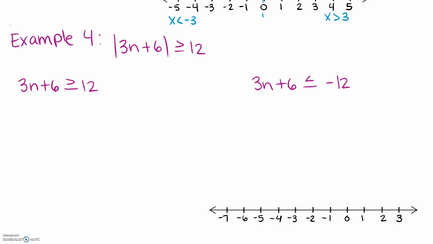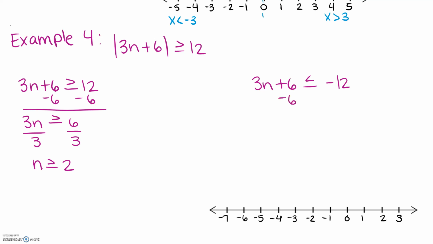So when we solve for this, 3n plus 6 is greater than or equal to 12. We're going to subtract 6 from both sides. That gives us 3n is greater than or equal to 6. Divide both sides by 3, and n is greater than or equal to 2. On the other side, we're going to subtract 6 from both sides.